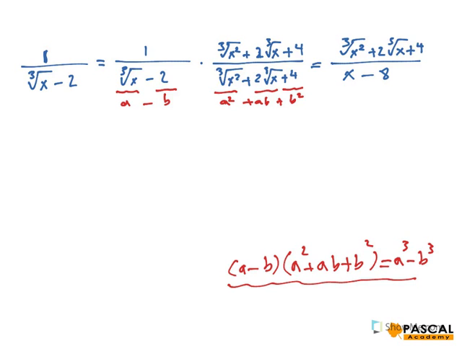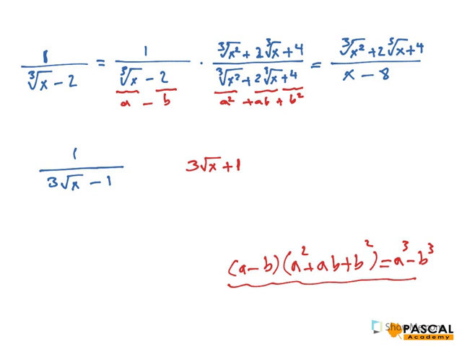So, in order to rationalize the denominator of a fraction like 1 over cube root of x minus 1, we multiply the numerator and denominator of the fraction by cube root of x squared plus cube root of x plus 1.